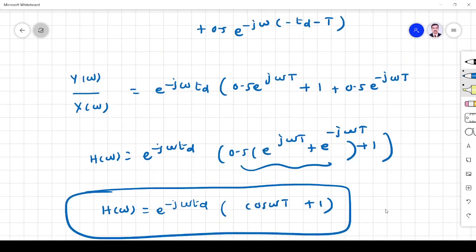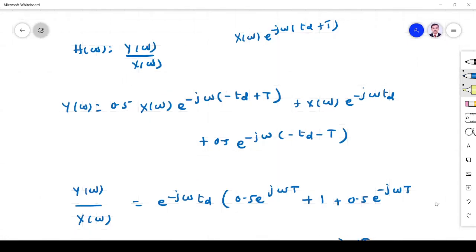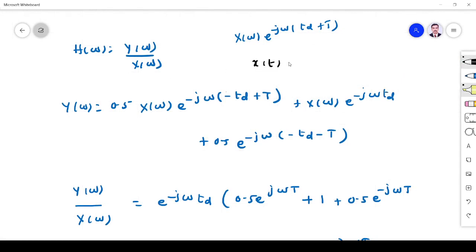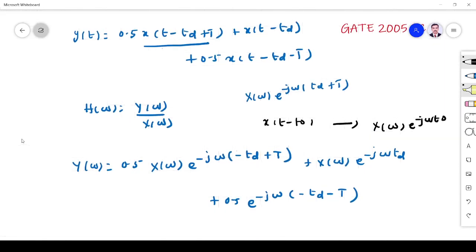So this is the answer, but I made a little mistake here. We know for x of t minus t naught, the Fourier transform is x of omega e power minus j omega t naught. So the answer is right, but please change this step.